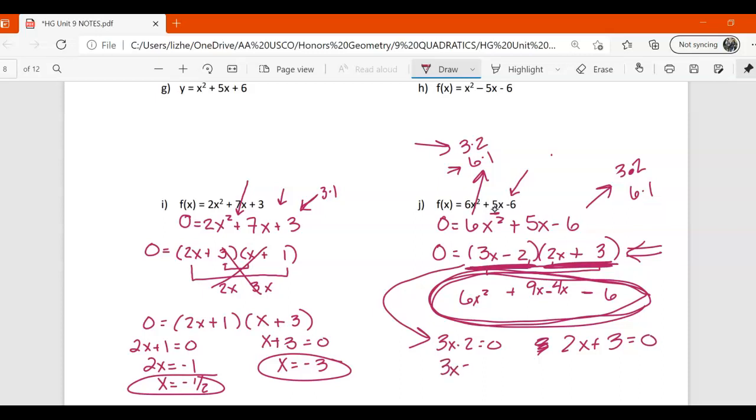Which means 3x equals 2 and x is 2/3. Or here, 2x is negative 3 and x is negative 3/2. And there are your two answers. So that's just a little review on factoring.